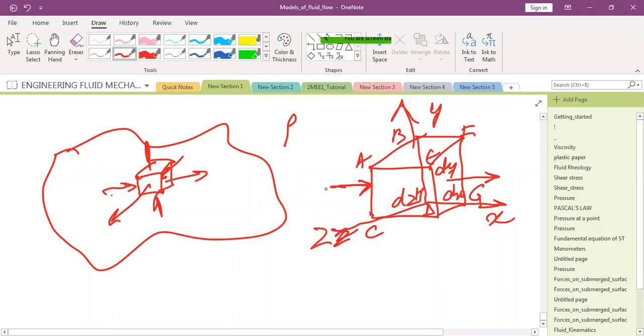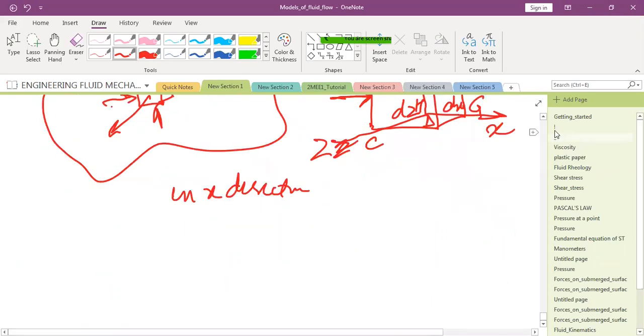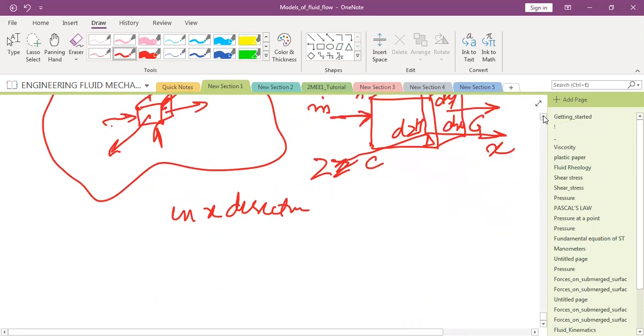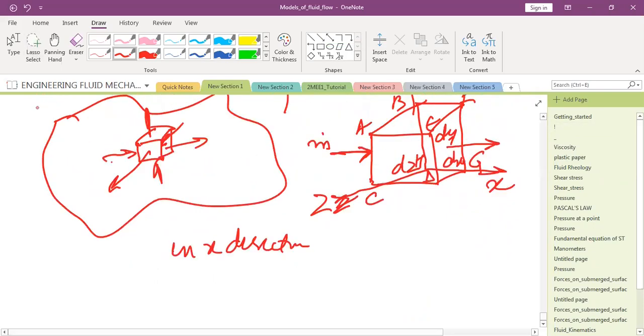So mass flow rate flowing into the system will be equal to what? In x direction. What will be the mass flow into the system in x direction? Akash. Flow.